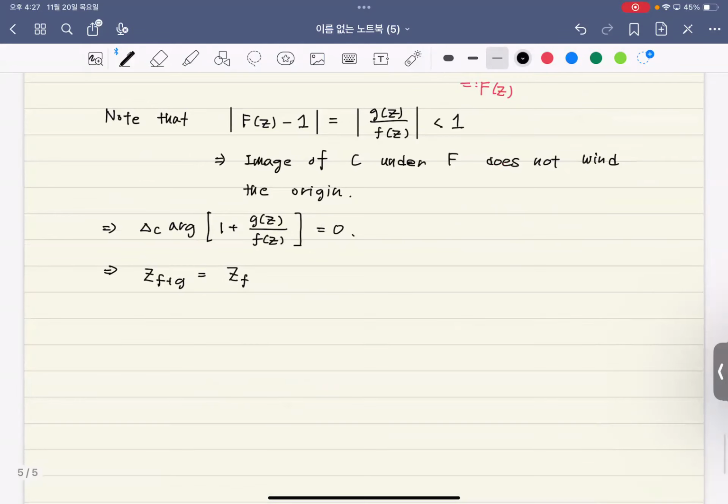Okay, so this is an interesting theorem, but is there any practical application of Rouche's theorem? Yes, we have.